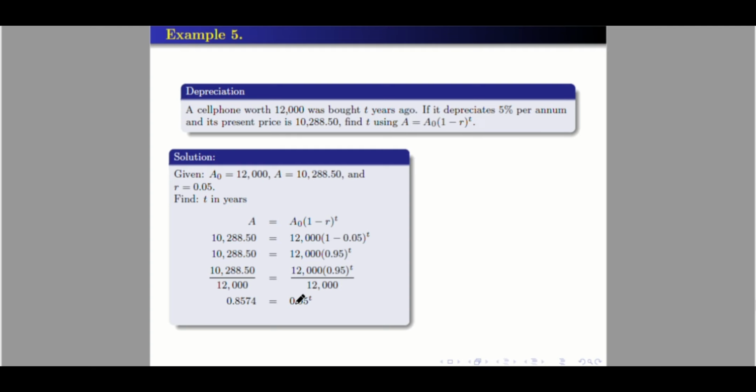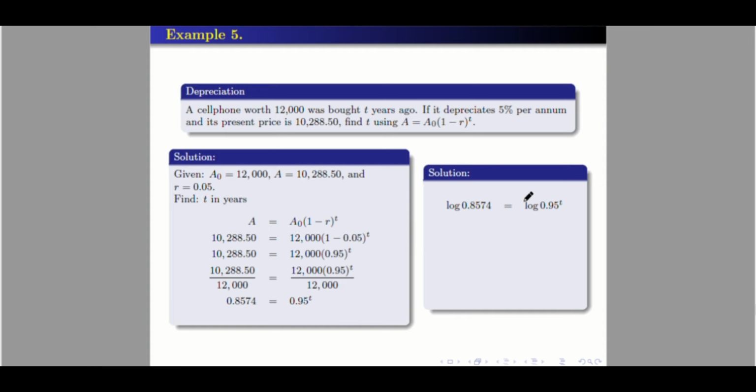Now this is not e, so we can take the logarithm base 10. So that is 0.95. Let's take the logarithm base 10 on both sides, and then apply law number 3. So t log 0.95. And then since we only need t, divide both sides by log 0.95.